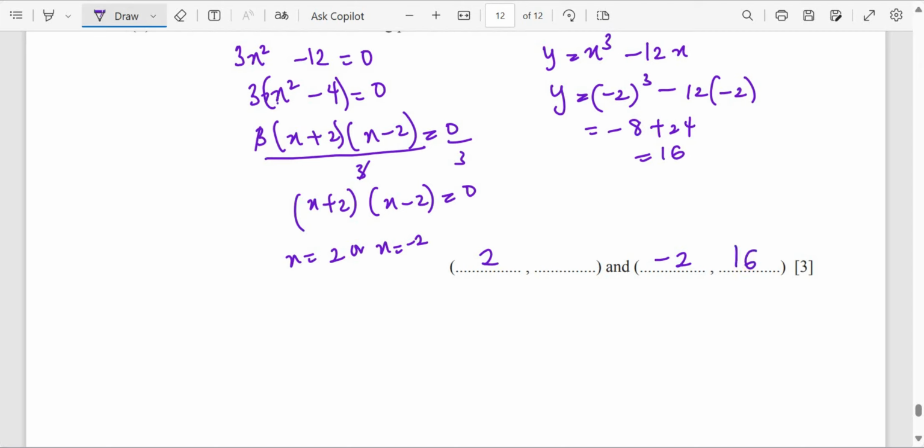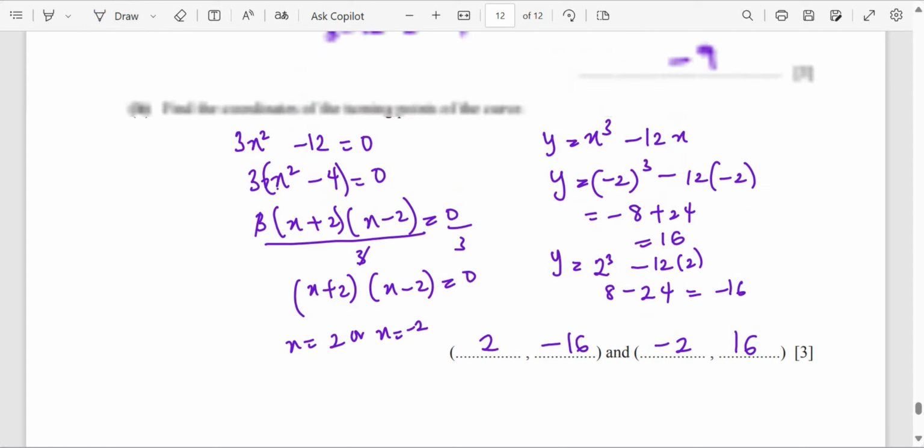Same thing when x equals 2: y equals 2 raised to the power of 3 minus 12 times 2, which is 8 minus 24, which is minus 16. So when x is 2, y is minus 16. This is how we solve questions like this. These two coordinates are the coordinates of the turning points of the curve.